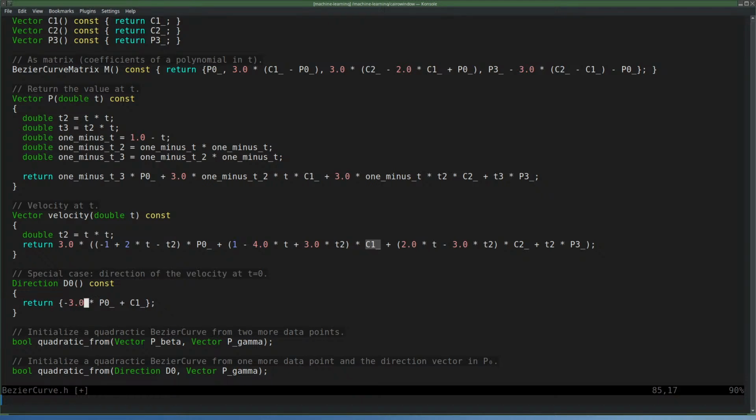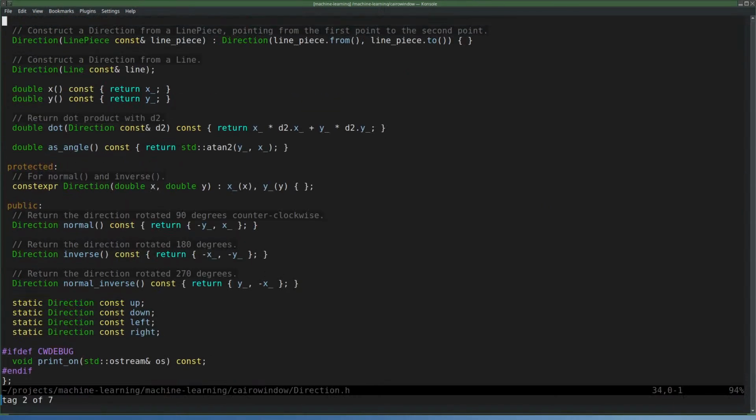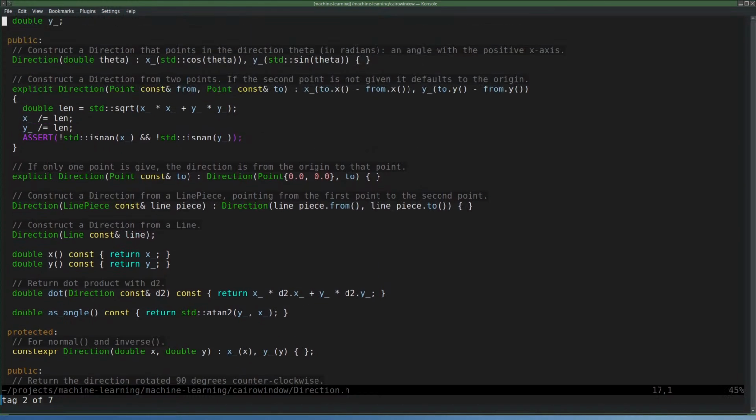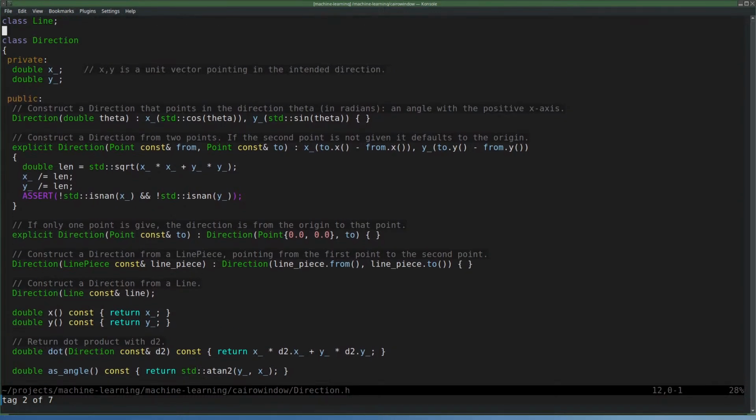Well, 3 times a vector is a vector, plus a vector is again a vector, and if I construct a direction from a vector, don't tell me I can't do that. What? I think I meant this one.